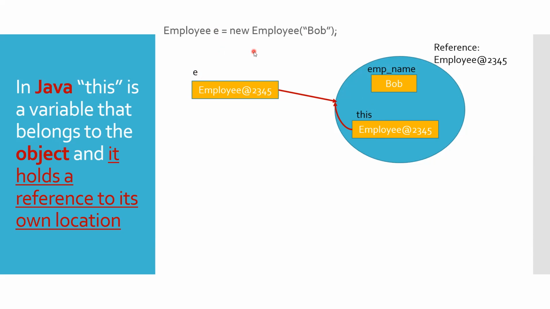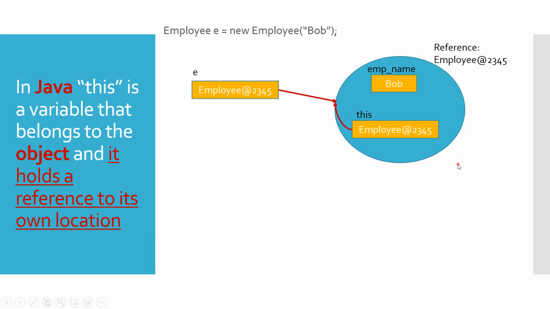When we define the class, we get to define some attributes like empName, for example. These attributes of a class are part of the memory location where the object is. There is another variable that we don't have to define, that is defined automatically, called this, and it has the value of the reference of the object.